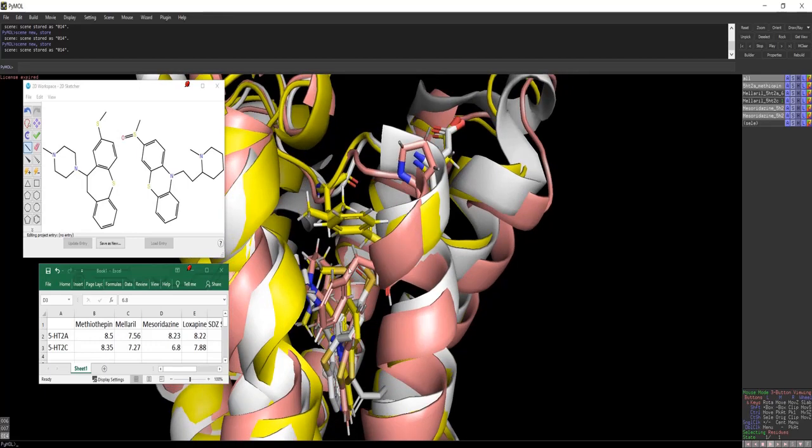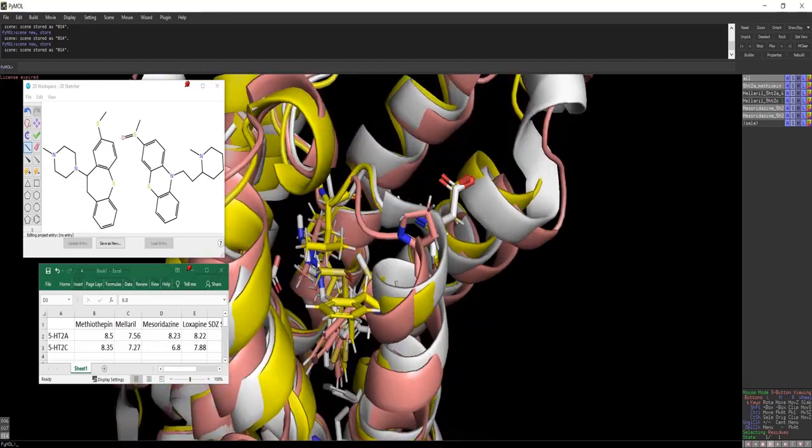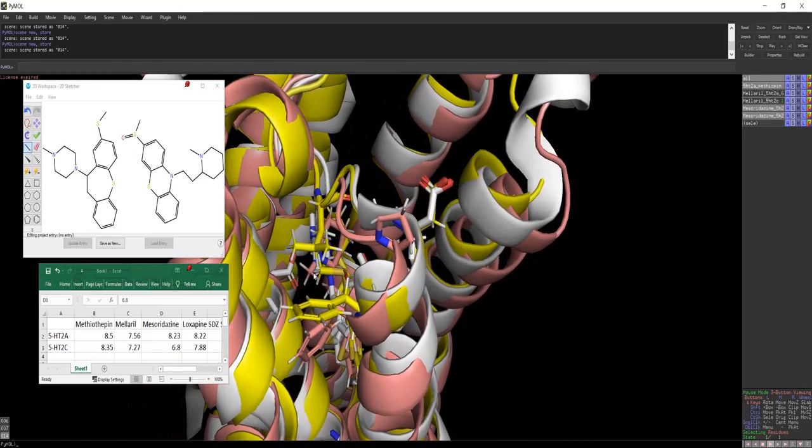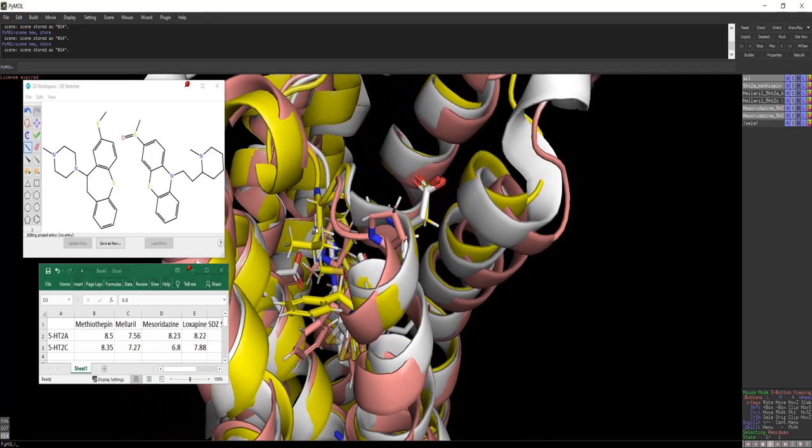And that allows the carbonyl to point to helix 5, resulting in the methyl pointing towards helix 3 and interacting with that leucine 229. And I believe that's what results in the selectivity that we see of mesoridazine between 2A and 2C.